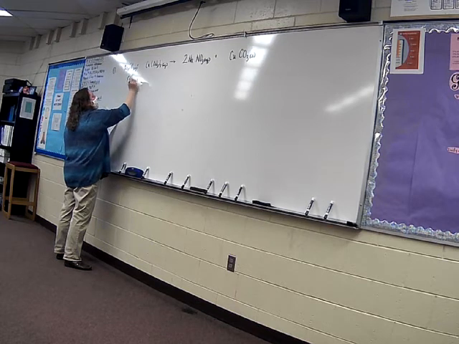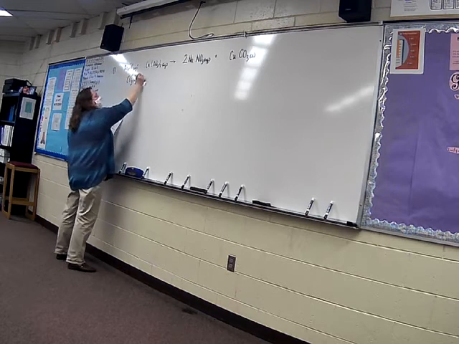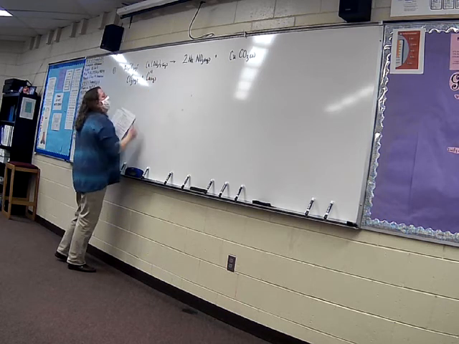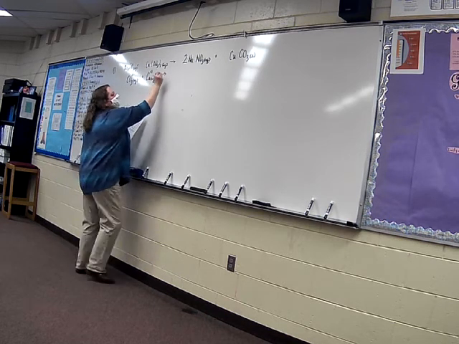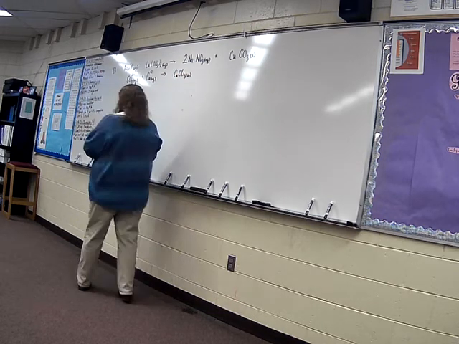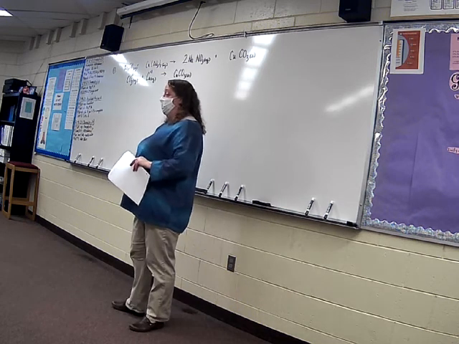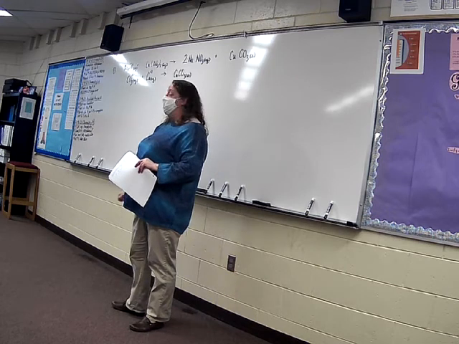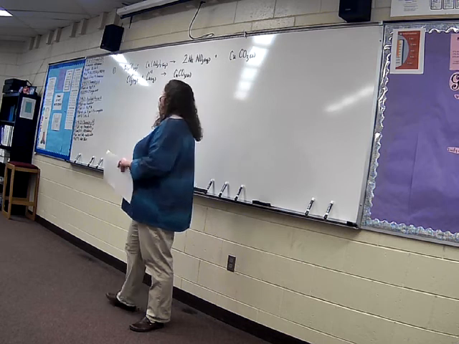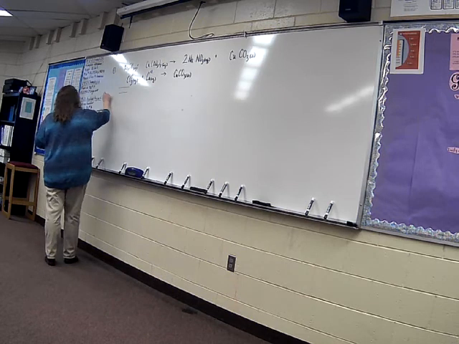Remember when I'm doing that ionic equation, I need my symbol, my charge, my state of matter, plus Cu 2+ aqueous yields CuCO3 solid. And trust me, by the time you look at 25 of these, you'll see that pattern on your own. If you have to do the complete ionic equation first for a few, that's fine. Then I have a blank line, and then I'm gonna go to reaction number 2.